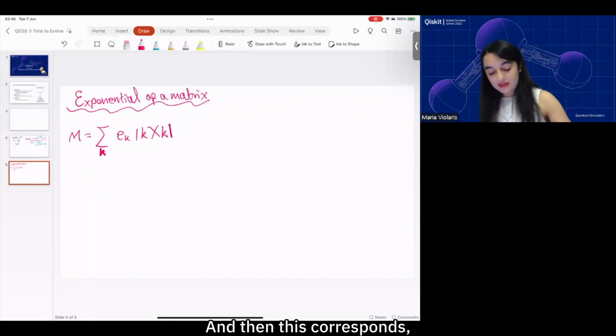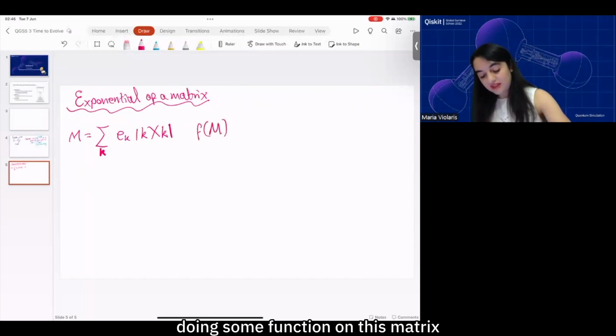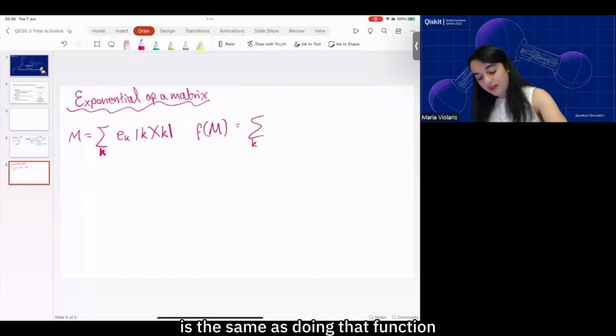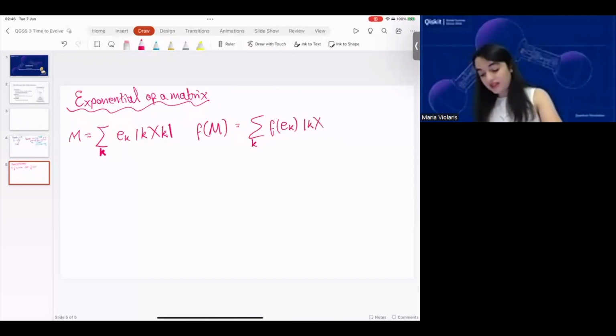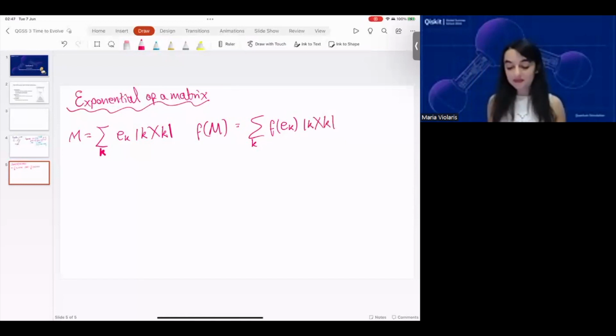And then doing some function on this matrix is the same as doing that function on the individual eigenvalues if the matrix is diagonal.